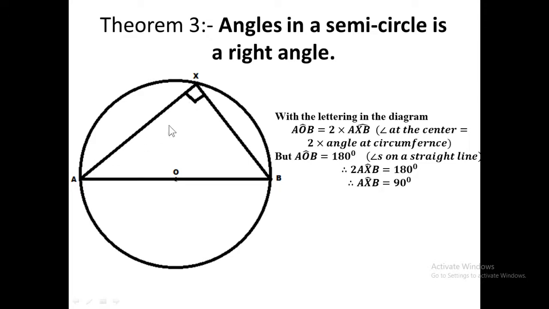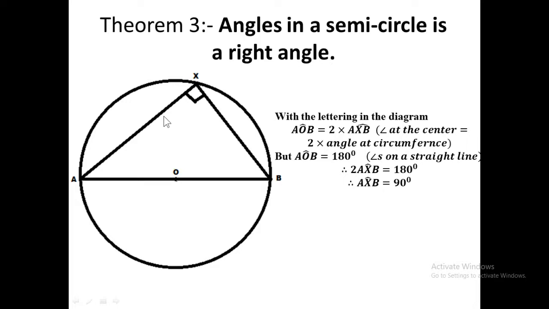This angle AXB is 90 degrees because the angle subtended at the center is twice the angle at the circumference. This angle AOB, the one down here, is 180 degrees because the angle on a straight line is 180 degrees. So if this one is 180 degrees, then it is twice the angle here. So this one is going to be 90, and that's what the proof is all about. That's the reason why this angle at the circumference is 90 degrees.